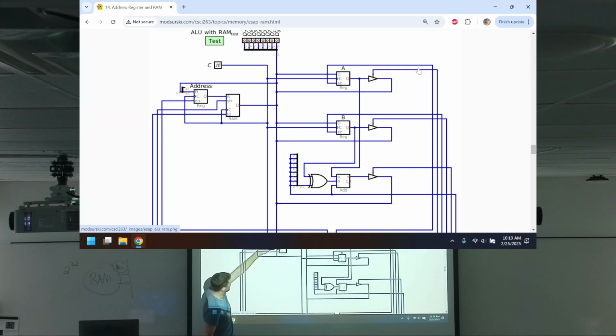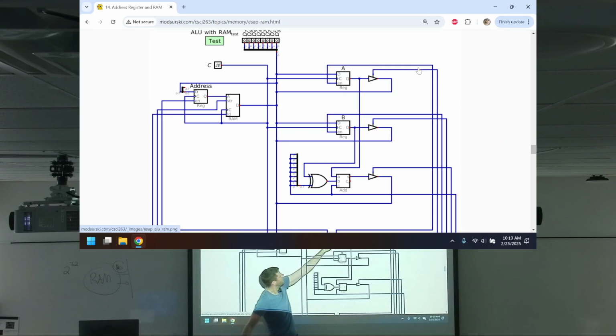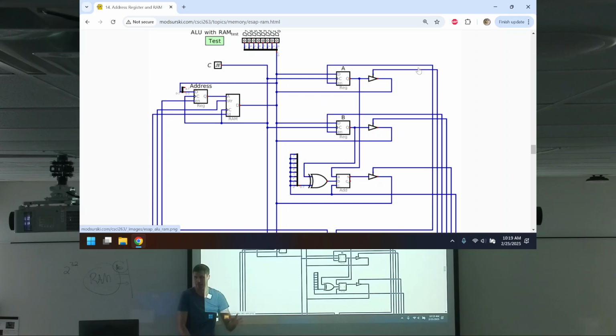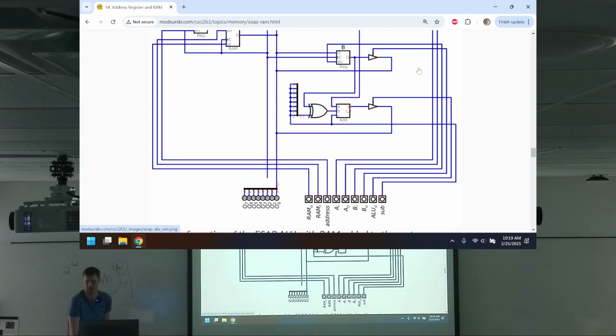Then from RAM, put the sum into A, put 7 into B from RAM, calculate the difference, and store it into RAM. It sounds like a lot of steps, but the steps are so straightforward. Just move data from here to there, there to there. We're just moving data around. It's just swapping data while being very careful of what our control signals are set to.